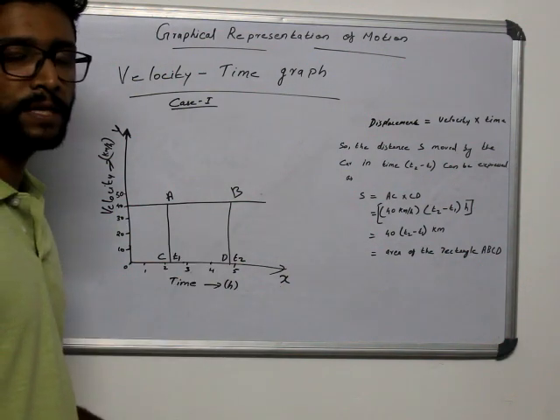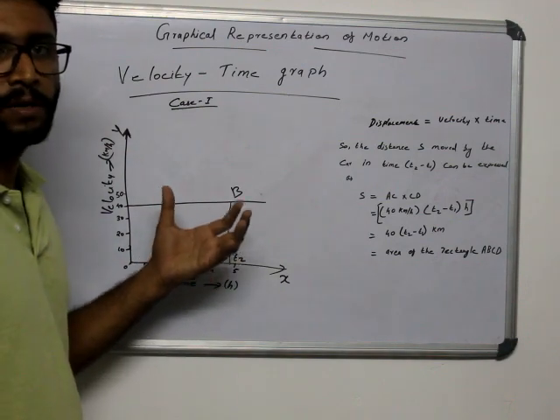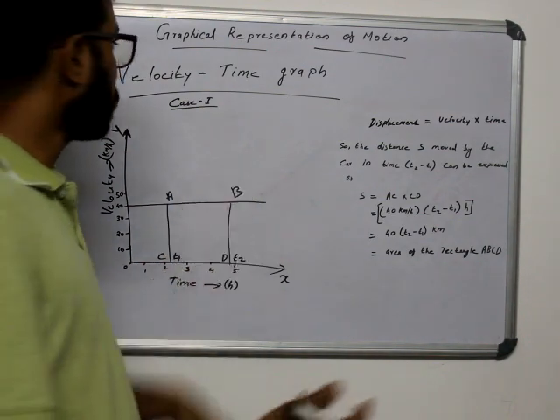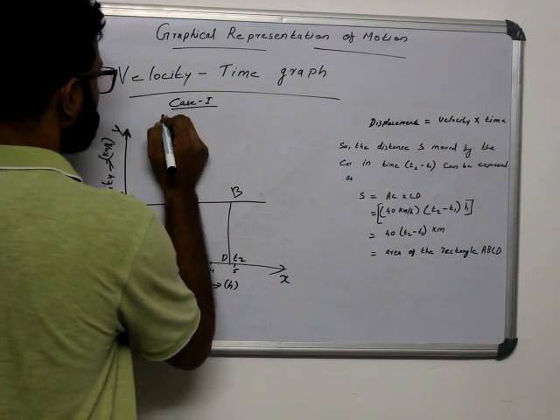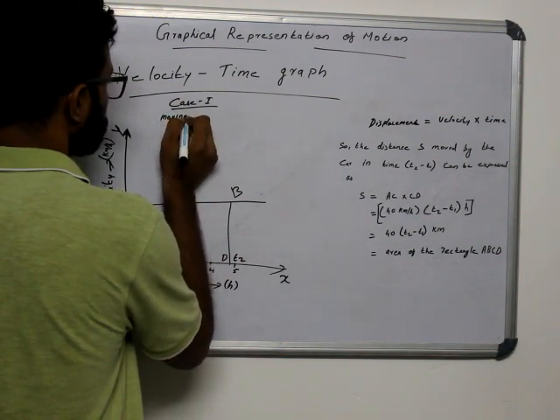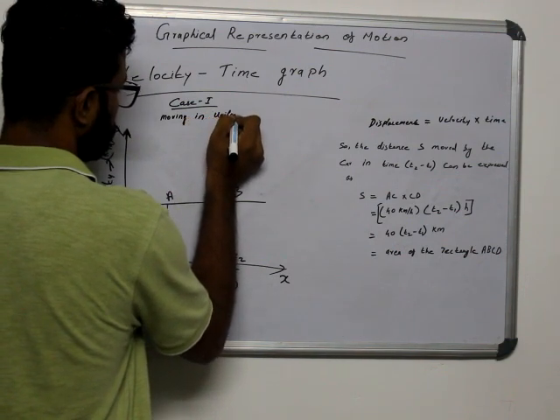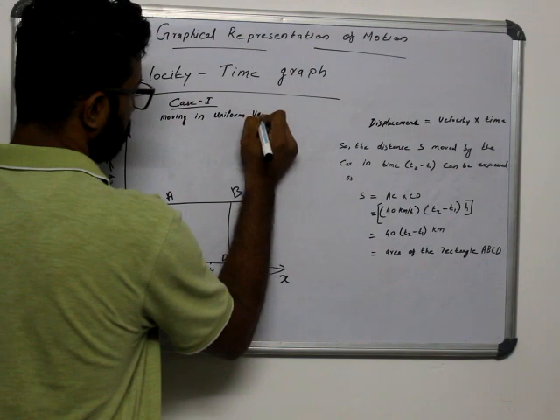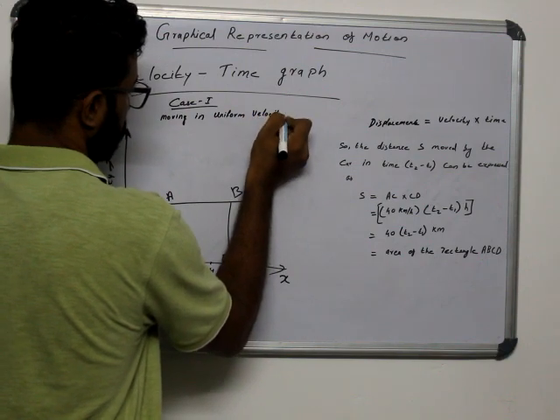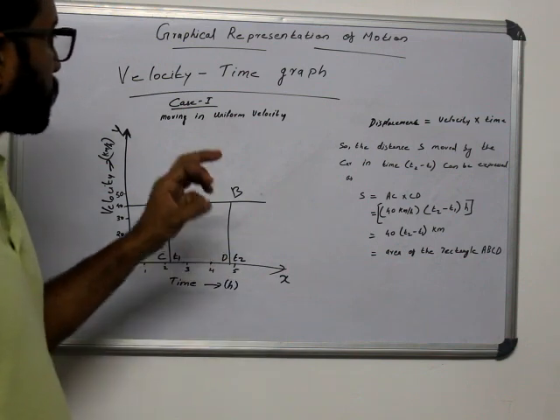Now, for an object which is moving in a uniform velocity, how will the graph be?